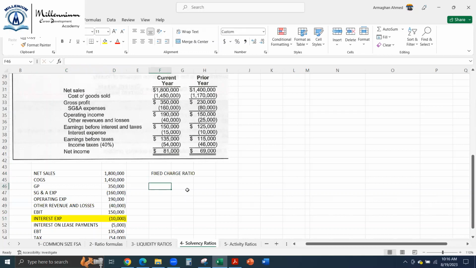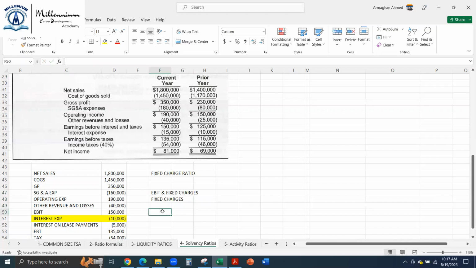So what is the formula? Earnings before interest and tax and before fixed charges, divided by fixed charges, right? So here we can calculate that.